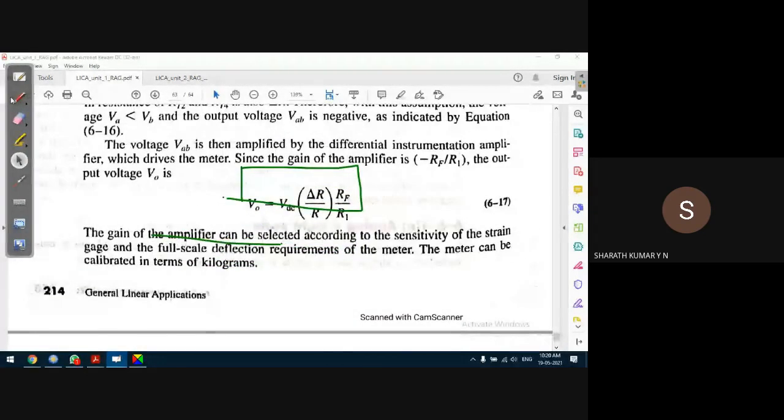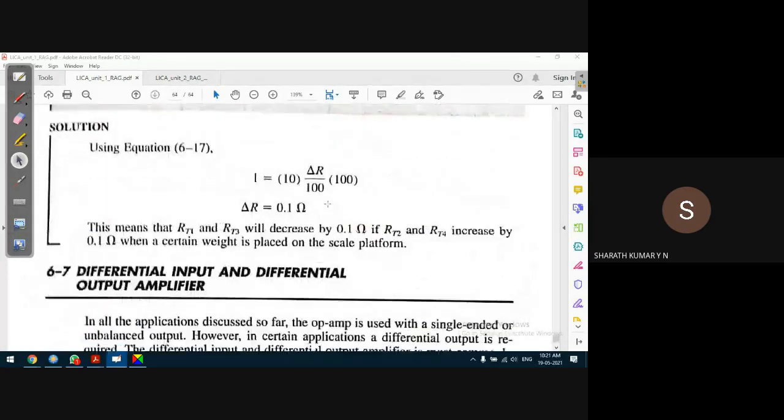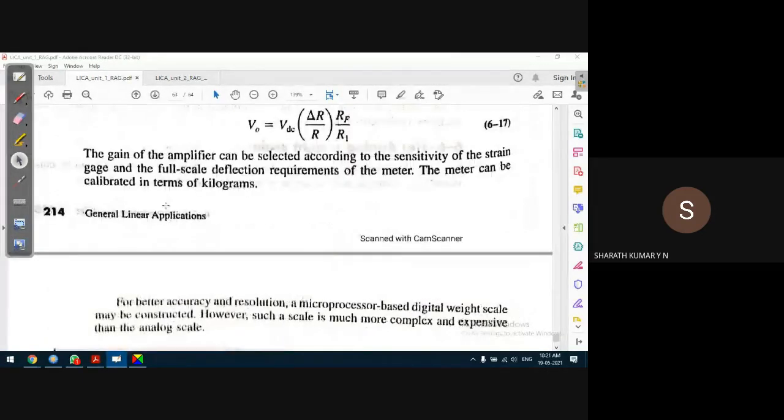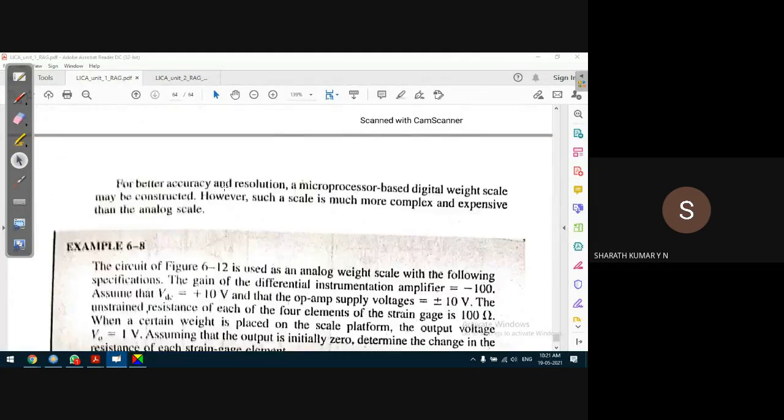Under normal condition, output voltage can be measured as VDC into delta R by R, where delta R is the change in resistance due to the application of pressure. RF by R is the gain of the amplifier A3, the last amplifier, the output amplifier. So that completes the applications of an instrumentation amplifier.